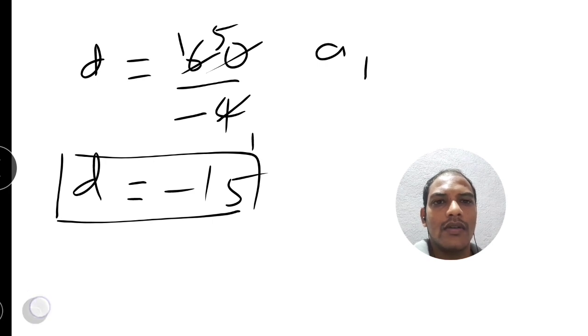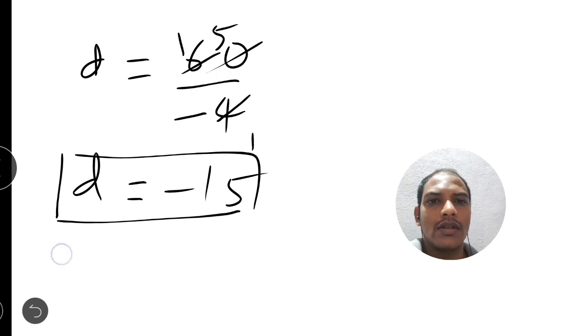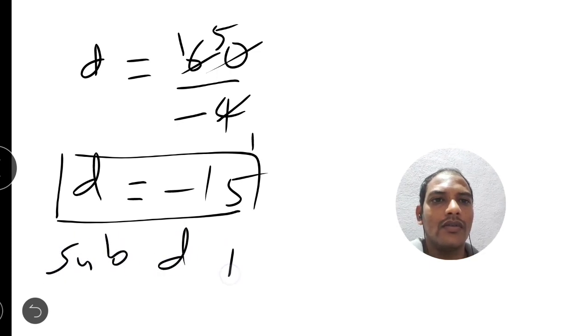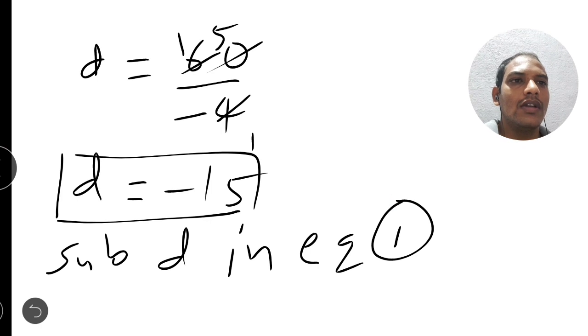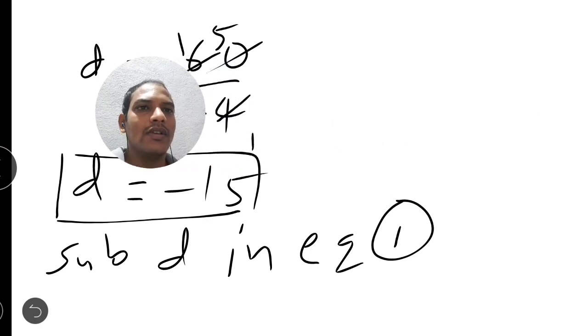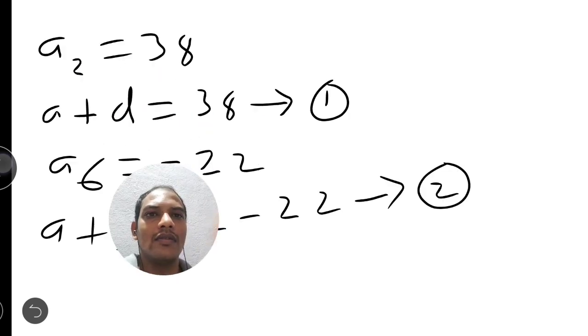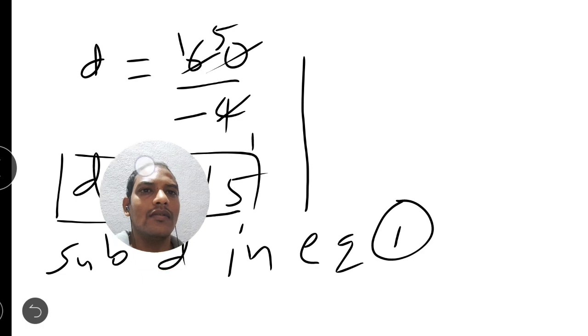To find the A value, substitute the D value in either equation 1 or equation 2. I am substituting in equation 1. So what is equation 1? A plus D equals 38 is equation 1.